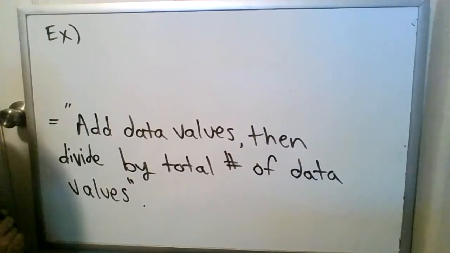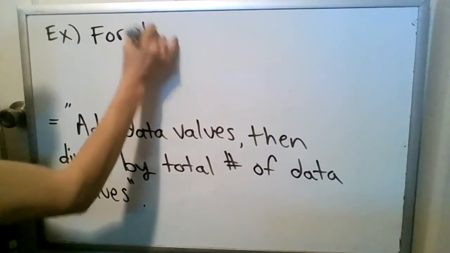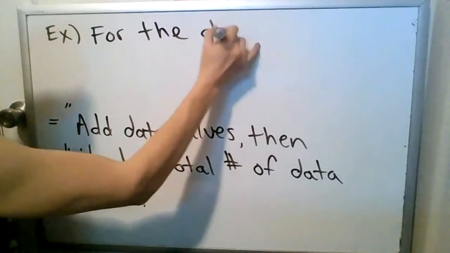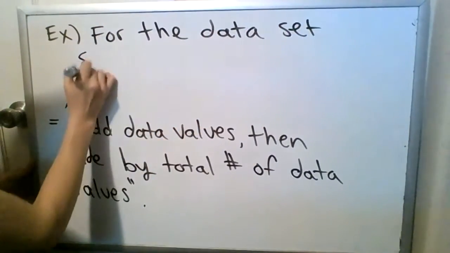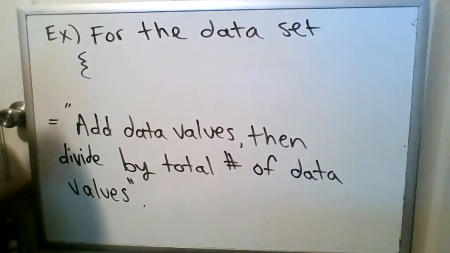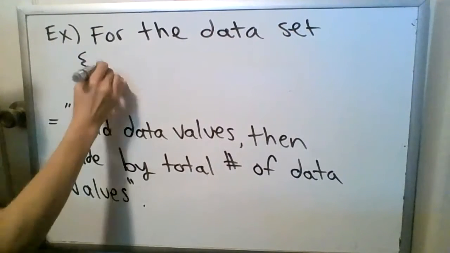So for the following data set, find the average. It's the set that contains 15, 20, 25, and 60.